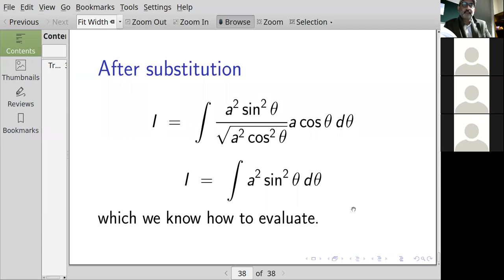But sir, isn't cos 2 theta cos squared theta minus sine squared theta? Yeah, if we shift the cos squared theta to the other side, it becomes cos squared theta minus cos 2 theta. Yeah, something like that. But there isn't any half there. I think you're going to get some halves in there.